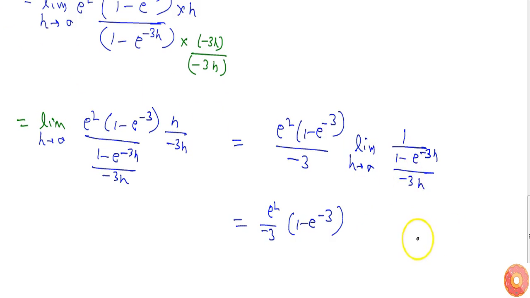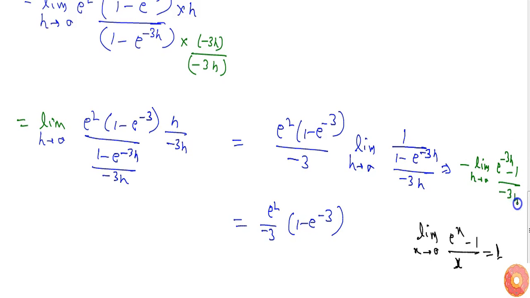Since I know that the limit as x tends to 0 of (e power x minus 1) divided by x equals 1, here if I write it as minus of the limit h tends to 0 of (e power minus 3h minus 1) by minus 3h, then it will be minus 1.